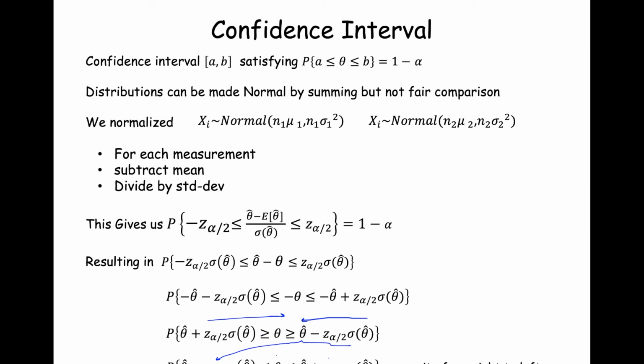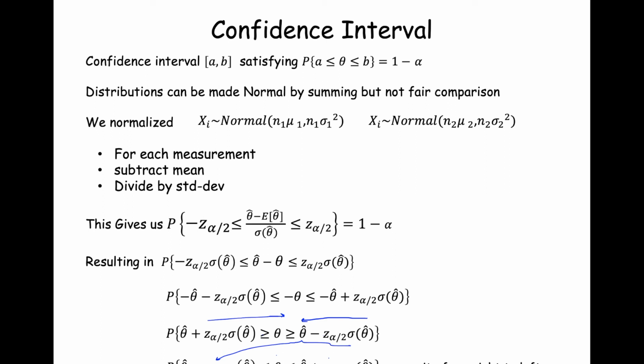Finally, with this rewriting from right to left, I get the probability of theta hat minus z alpha over 2 times standard error of theta hat is less than or equal to theta, less than or equal to theta hat plus z alpha over 2 times standard error of theta hat.